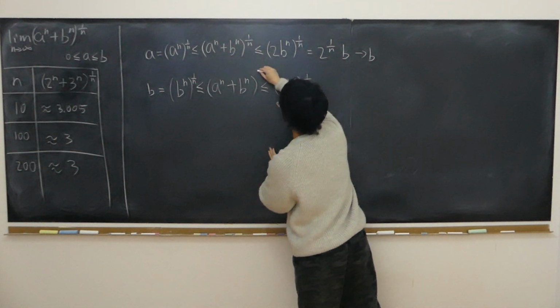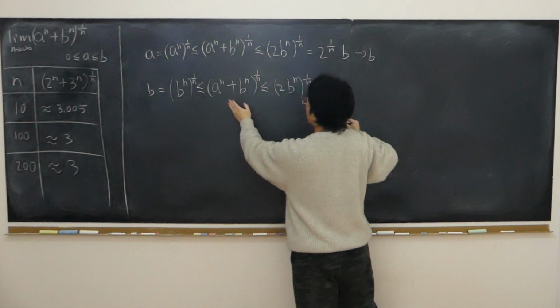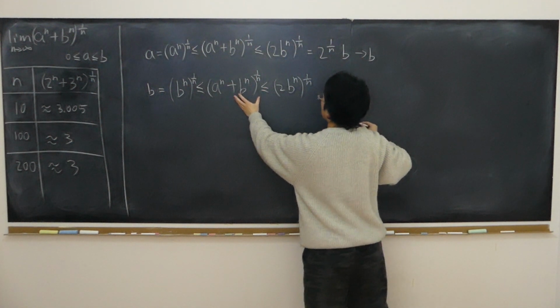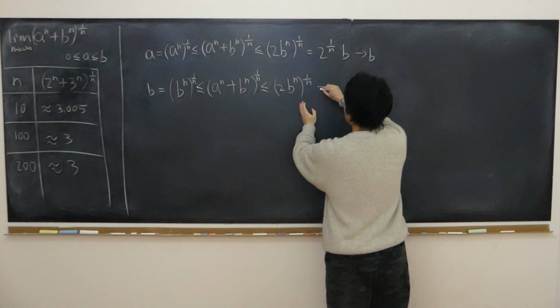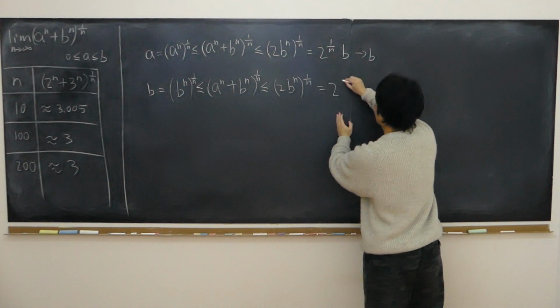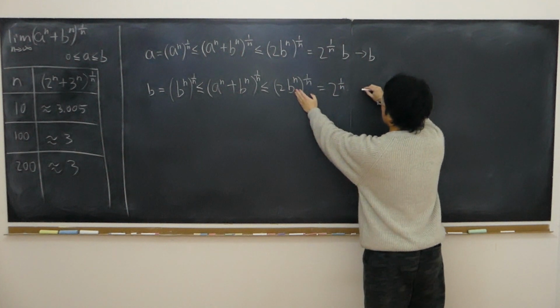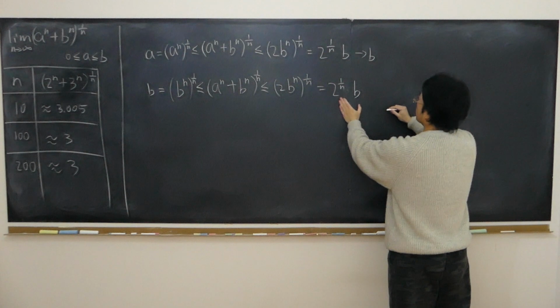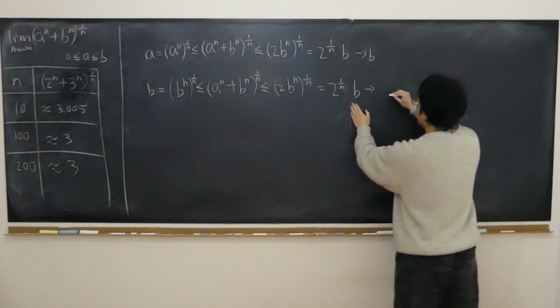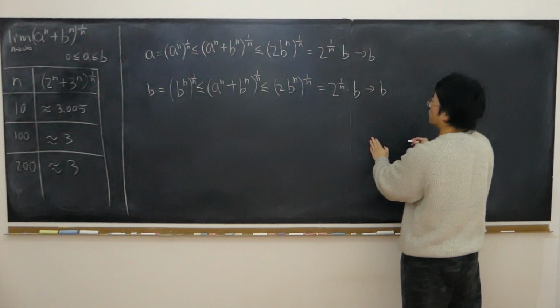So I forgot to put the 2 to the power of 1 over n on here. So this is equal to, again, 2 to the power of 1 over n times b. So on this side, as I mentioned, this term easily approaches 1, and this easily approaches b as n approaches infinity.